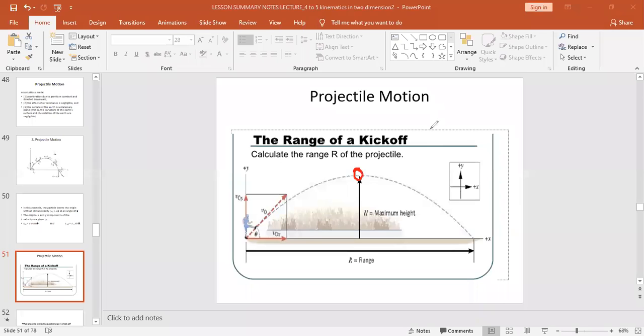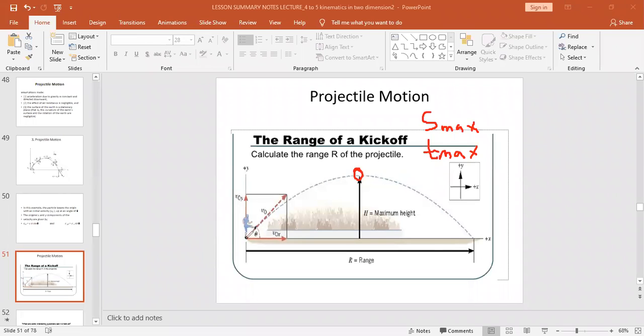Sometimes you write it as H maximum or S maximum. The next question of interest is the time it will take to get to the maximum height. Then, what is the total time of flight?